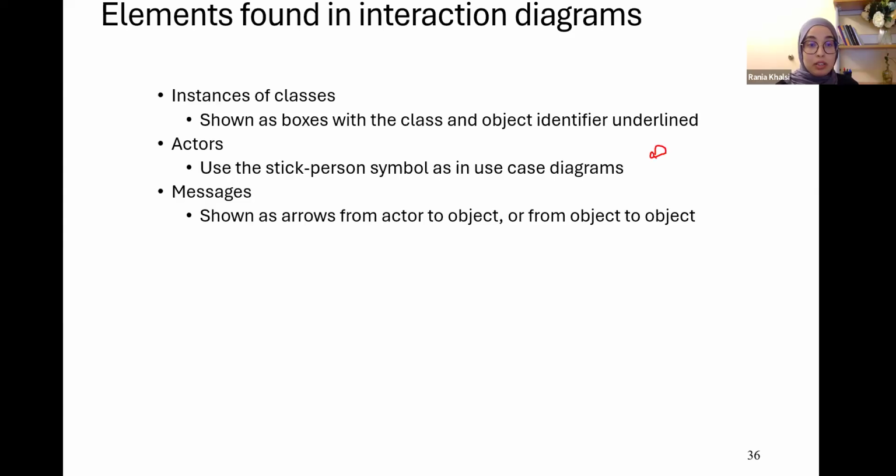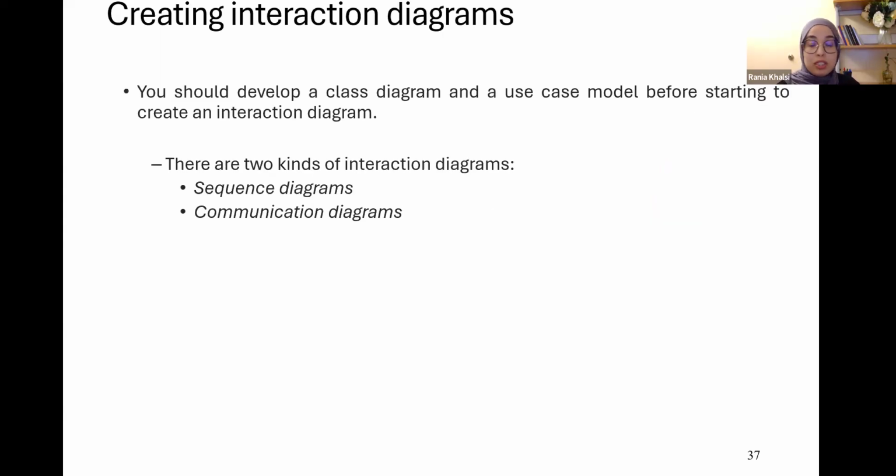I said that we need to make it perfect. After that, we have the different messages, and these are shown with an arrow from the actor to the objects, or from an object to another object. This is what I was just discussing.